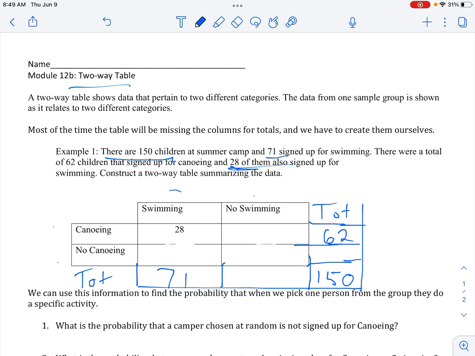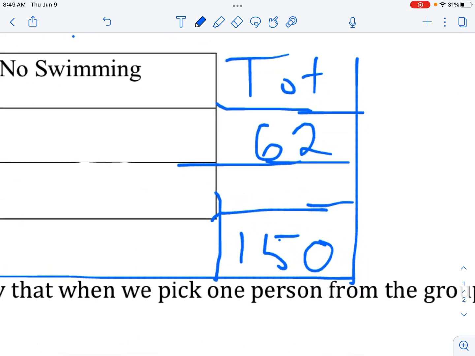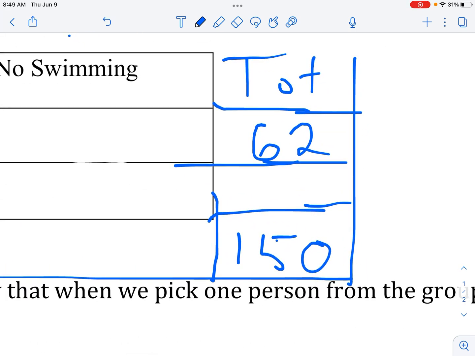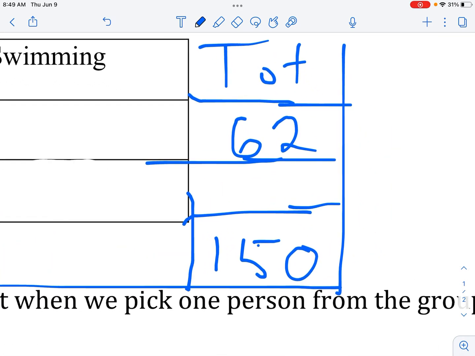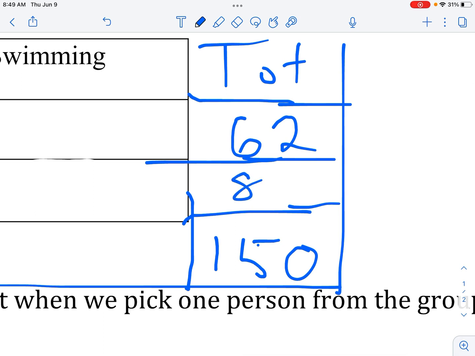All right, so now I'm going to do just a little bit of math to figure out some of these things. So let's start with our totals. I know that I have a total of 150 campers. 62 of them were in the canoeing category. So if I do some subtraction, I should get that 88 of them were not canoeing.